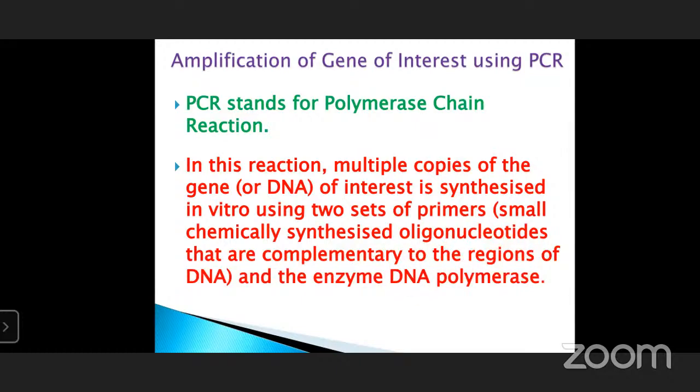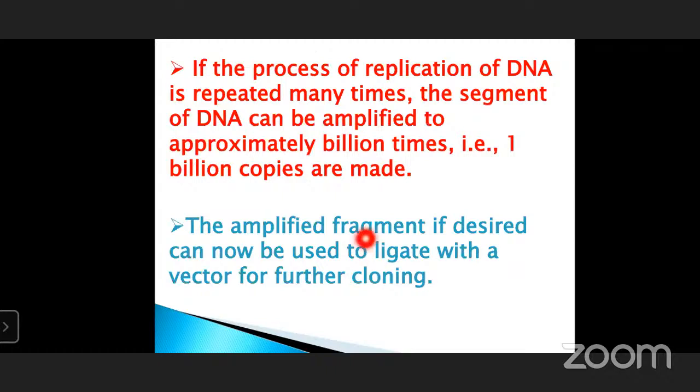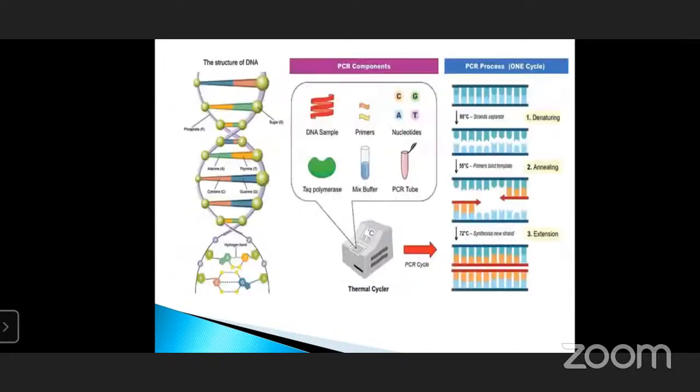If the process of replication of DNA is repeated many times, the segment of DNA can be amplified approximately a billion times. Billions of copies are made within a fraction of seconds with the help of the PCR technique. The amplified fragment desired can now be used to ligate with a vector for further cloning.